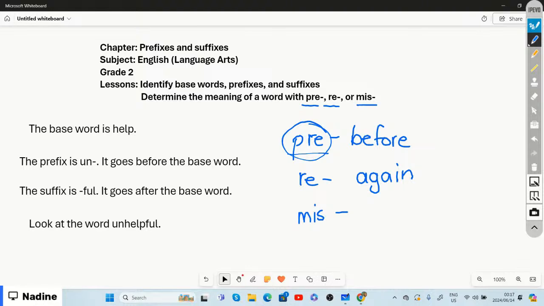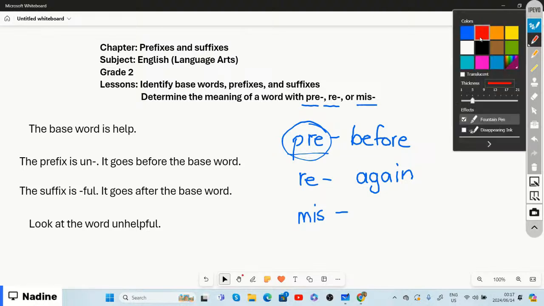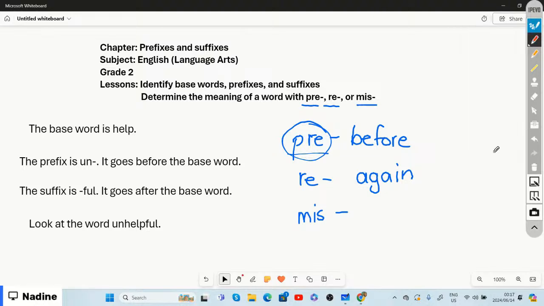Think of when you're baking, or think of when you're cooking even. It's something that you do before.